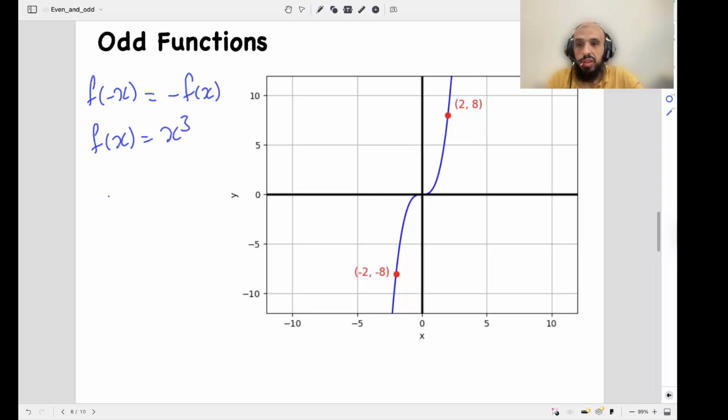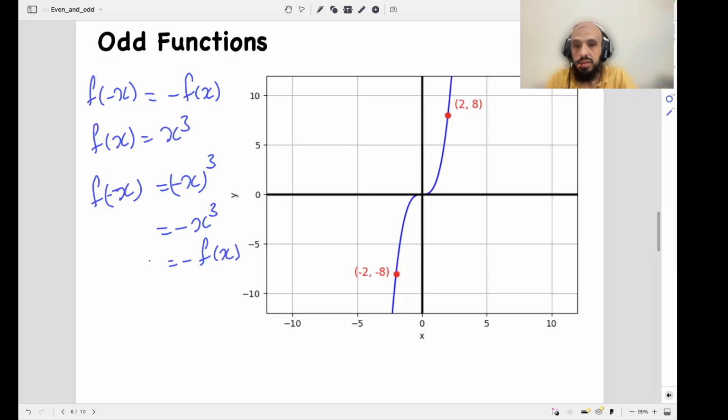So let's replace every x with negative x. f of negative x equals negative x all to the power of 3, which is equal to negative x cubed, or negative f of x, the original one that we have. So this is an odd function.